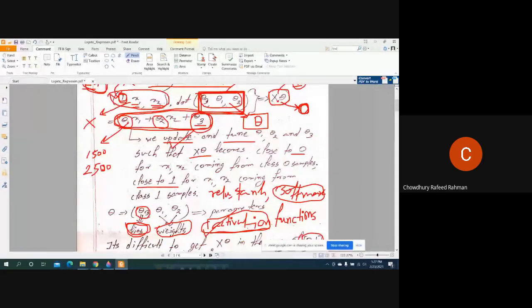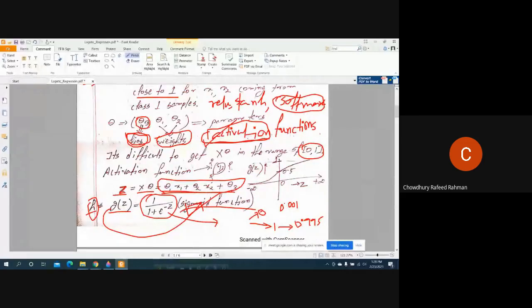Does anyone remember this point? Yes, sir. So in a programming problem, what do we update? We update variables. That means h is a variable because h is depending on thetas, right?